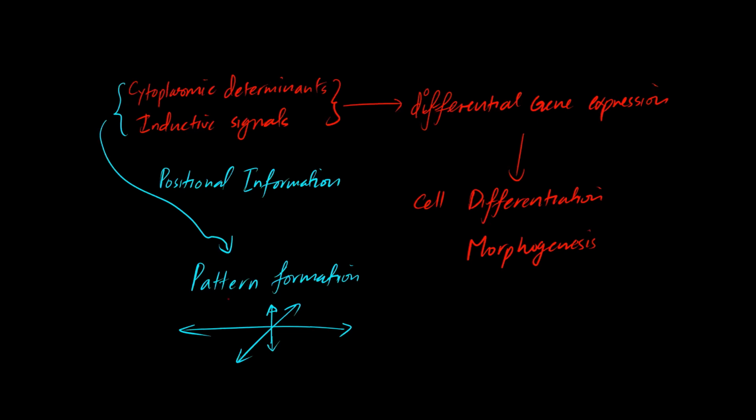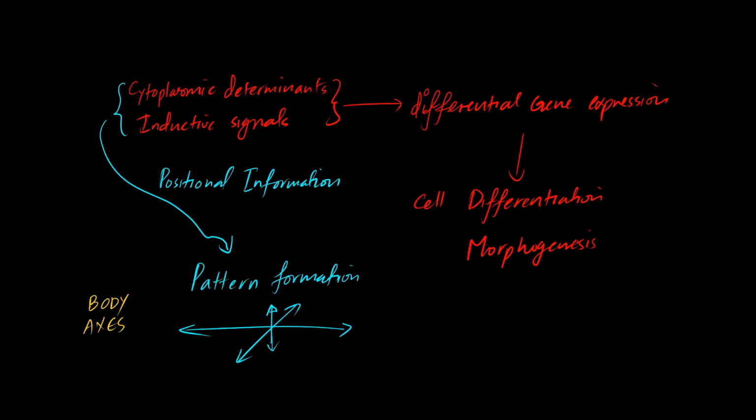So the three major body axes start to appear or are organized even at early stages of development because of these cytoplasmic determinants and inductive signals.